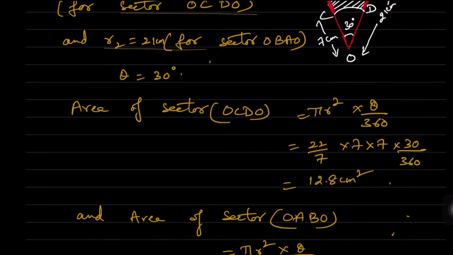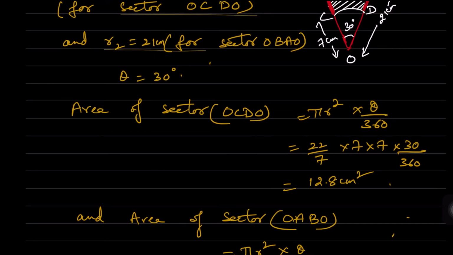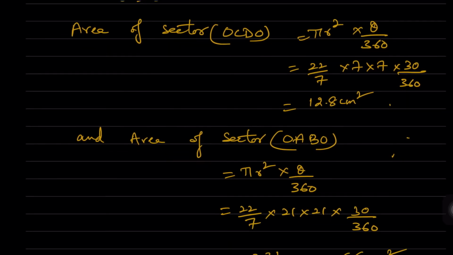So required area is equal to the area of the bigger sector minus the area of the smaller sector, that is 115.5 minus 12.8. You can write over there.